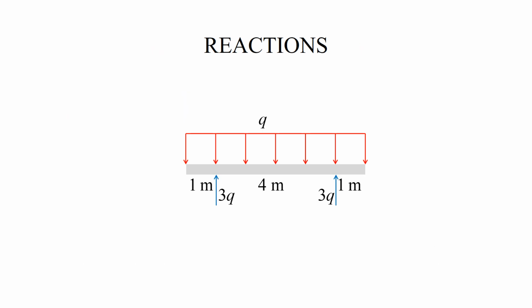We begin analyzing this problem by drawing a free body diagram for the entire beam and calculating the reactions. Because the beam is symmetric, the reactions share the load equally. The total load is 6Q expressed in newtons, and therefore each reaction is equal to 3Q.